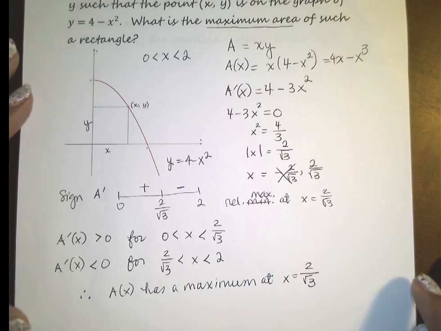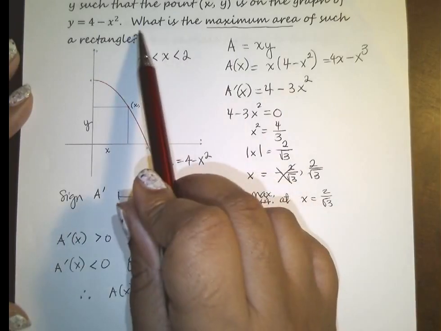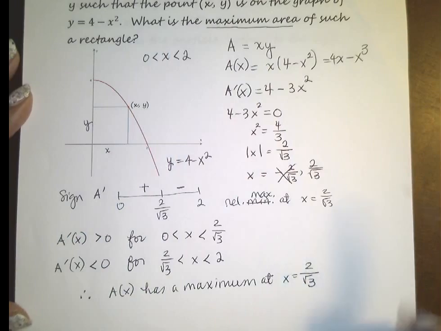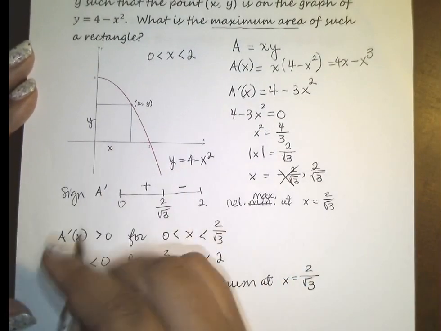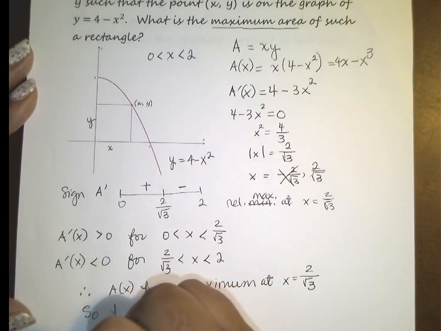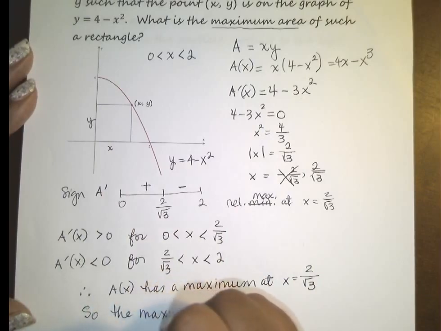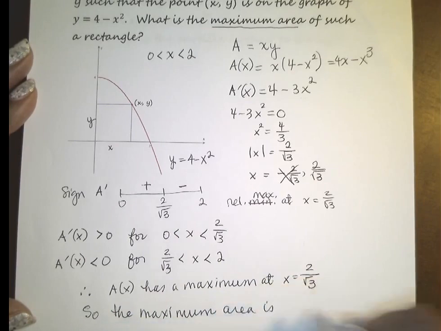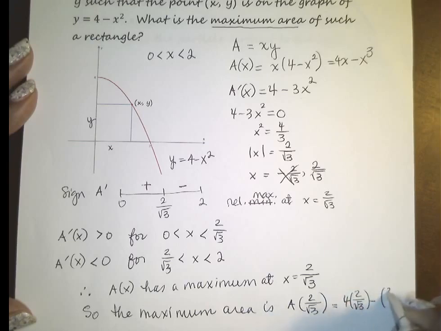Now, I feel like I'm finished, but when I go back up, the question is what is the maximum area, not what value of x gives it to me. So I need to find the maximum area. The maximum area is A of 2 divided by the square root of 3, which is equal to 4 times 2 over the square root of 3 minus (2 over the square root of 3) cubed.